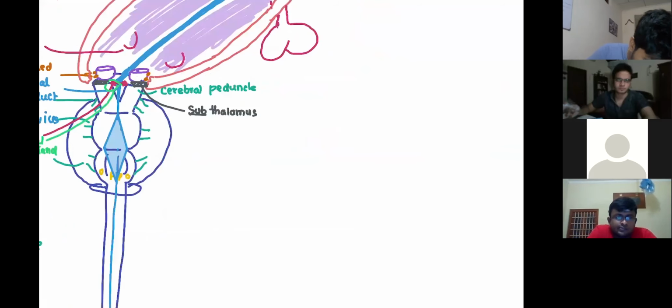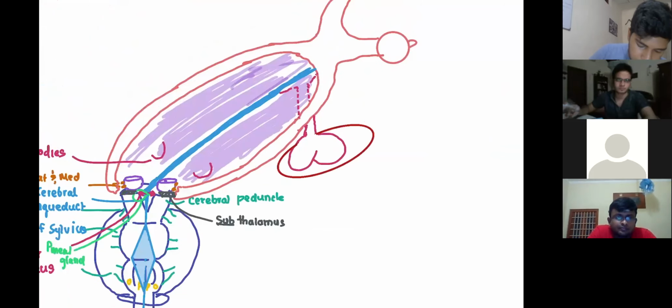Now, let me talk about the circle of Willis. The circle of Willis is located like this. It is below the pituitary.